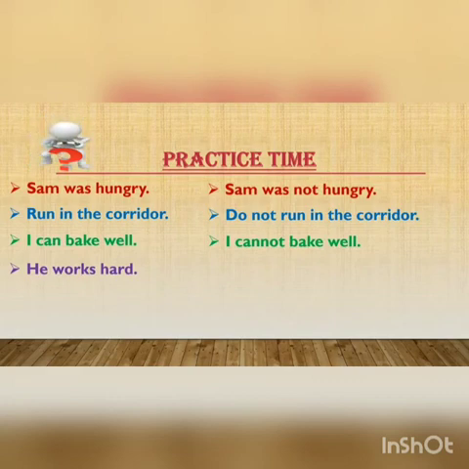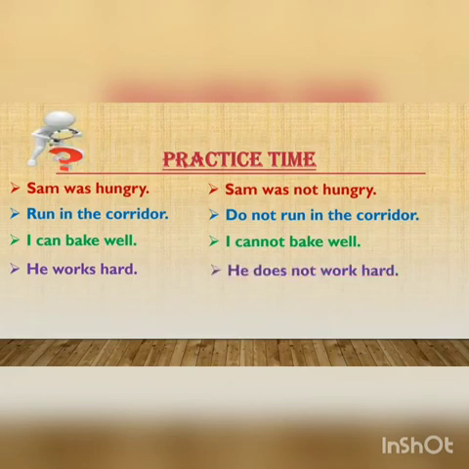The verb here is works. What is its root form? It is work. And now step number 2. What is the subject here? Subject is he and that is singular. With a singular subject, we use does not. So your answer will be he does not work hard.